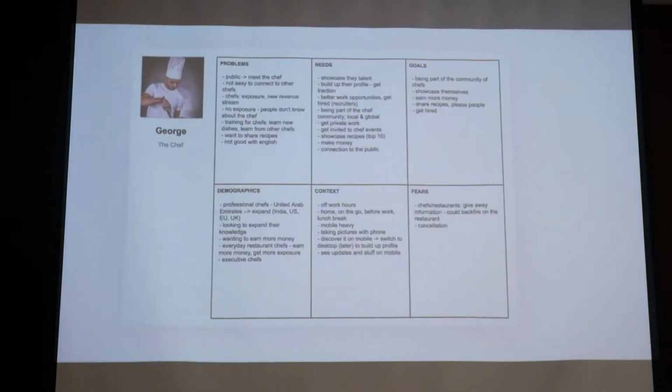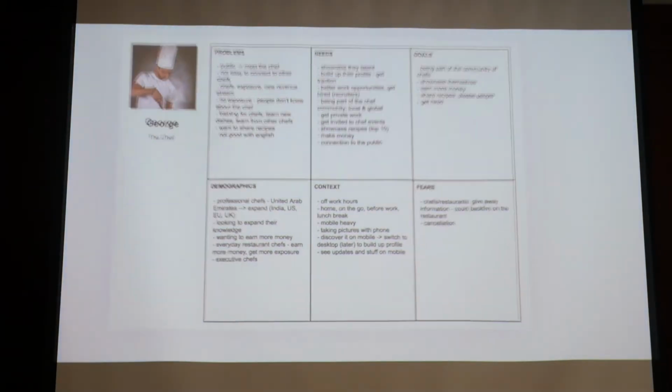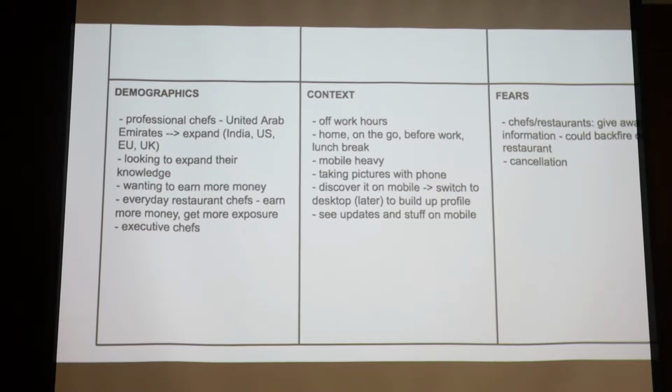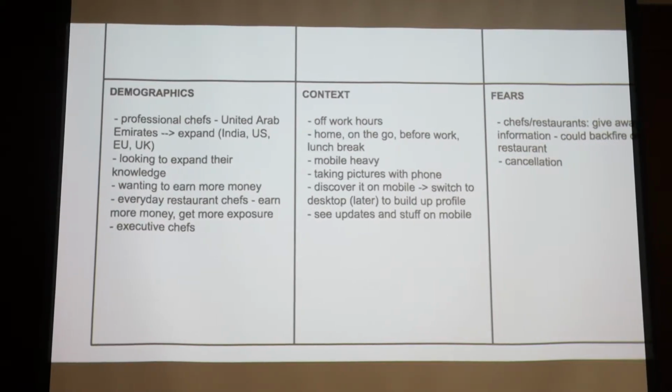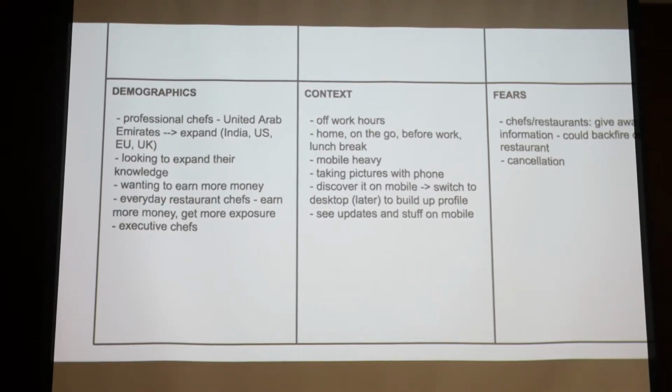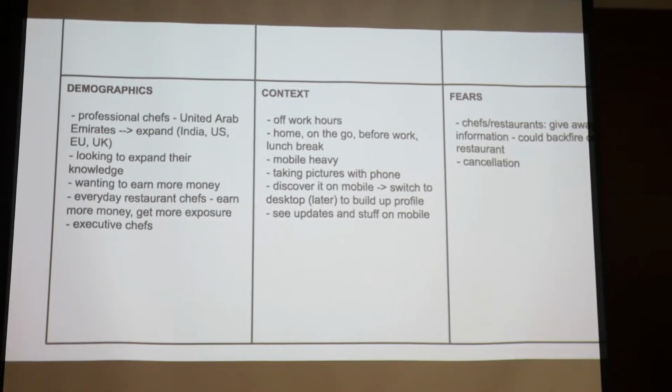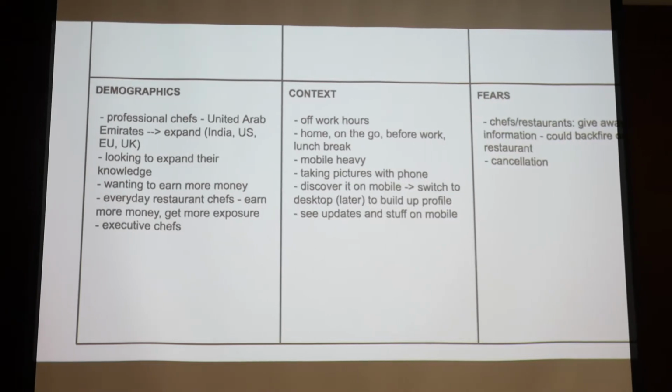I just wanted to show that, for example, a user persona's most important part is the context, so where and how the product would be used. If you really understand this, it really affects the platform, for example. A lot of people, when they come to me or come to my company, think they have an idea of, we need a mobile app or we need a web application, whatever platform.